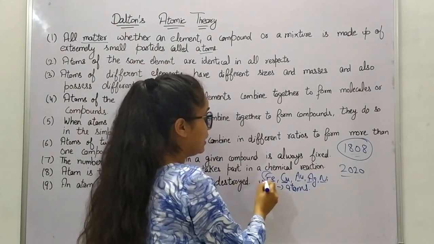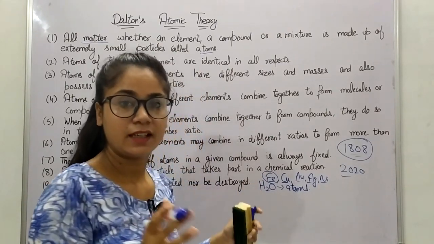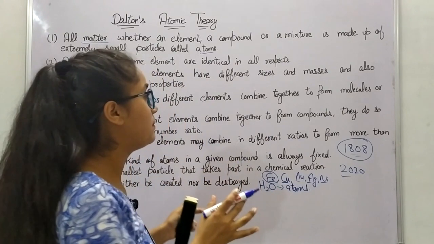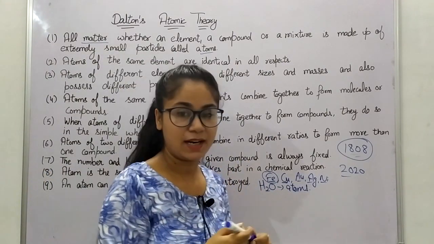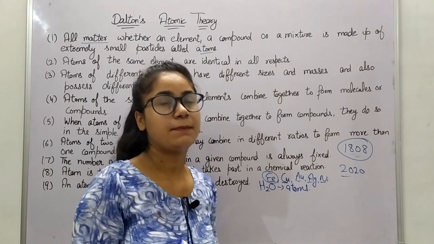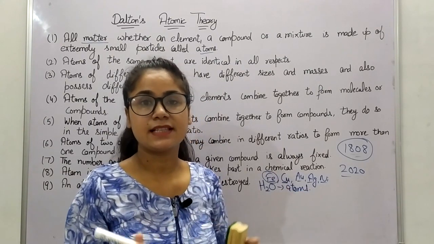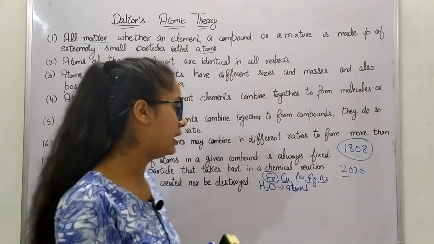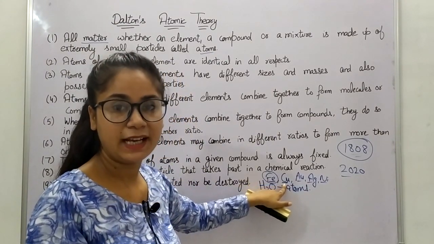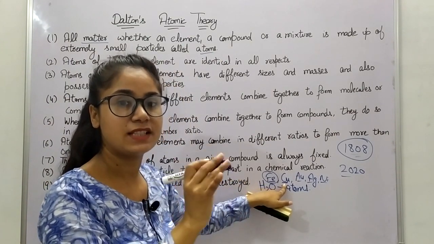That means all the atoms of iron in this whole world are the same in all respects. They would have the same mass, size, shape, physical properties and chemical properties. Similarly, atoms of the copper element would have the same physical and chemical properties.